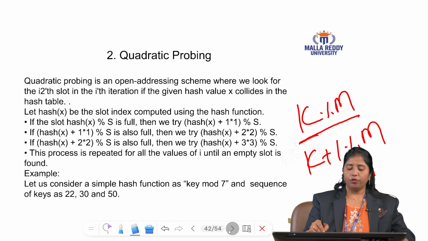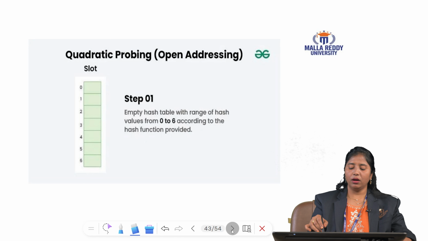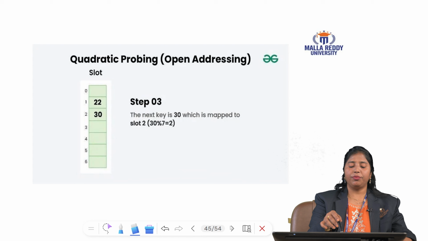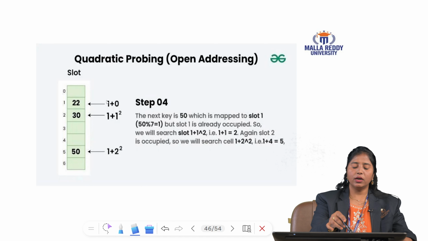Now see the example here. Step 1, I take an empty hash table. Then 22 mod 7 means 1, stored here. Then step 3, 30 mod 7 is the second place, 30 is stored. No collision occurs. Now step 4, the element we have taken is 50. So 50 mod 7 is 1, and place 1 is already filled.